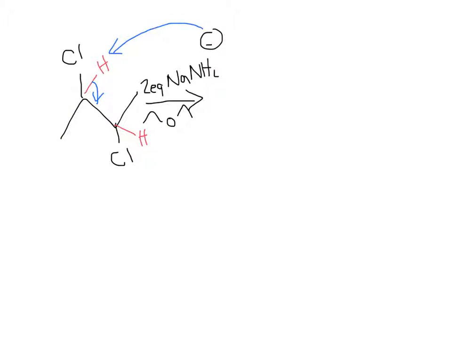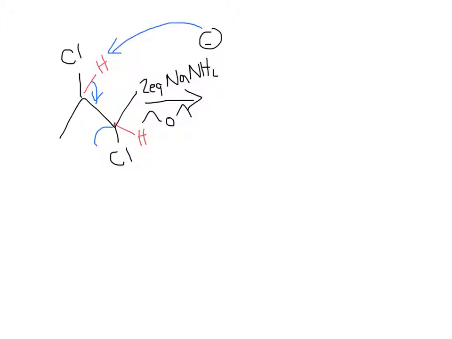And that's just because if it's in the middle, it provides better sterics. So once those two electrons were bumped into the middle, that is going to cause these two electrons with this chlorine to get moved onto the chlorine ion, and then the chlorine is going to get bumped off. So that would in turn leave us with this molecule.